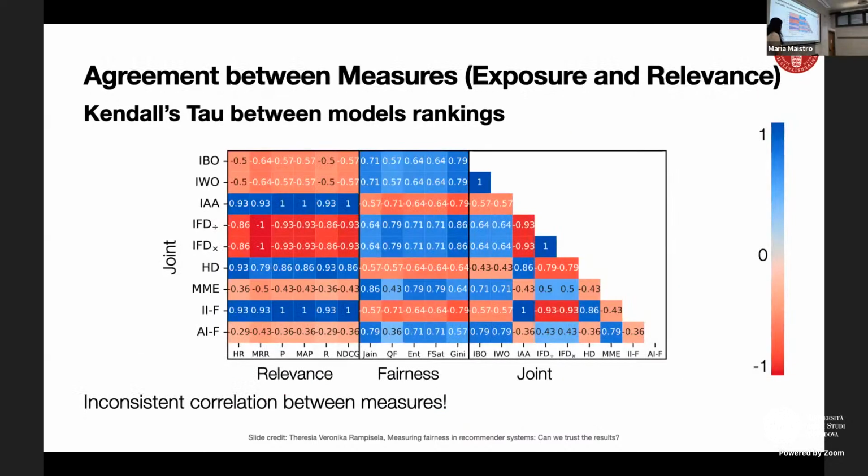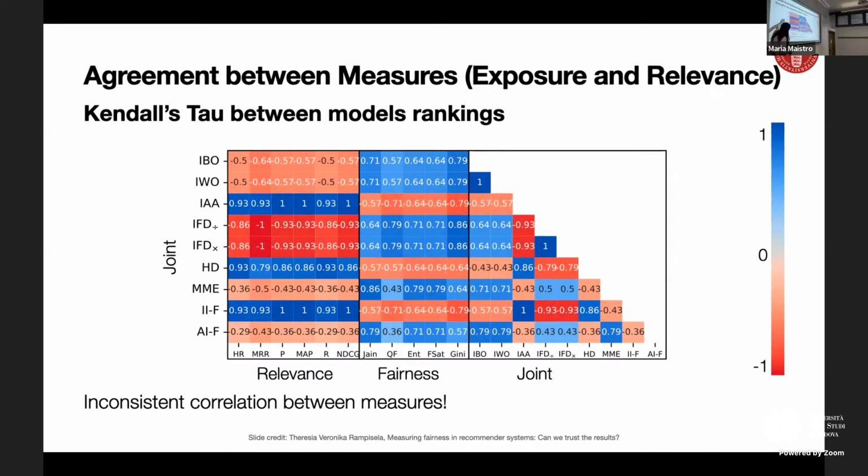We did the same for measures that account for exposure and relevance. Somehow what we expected was that this measure could have this kind of trade-off between fairness and relevance, but it turned out that this is not the case. So here correlations are very inconsistent.